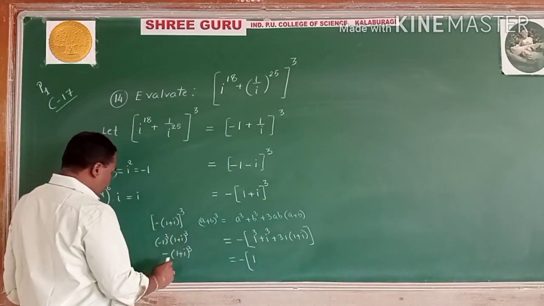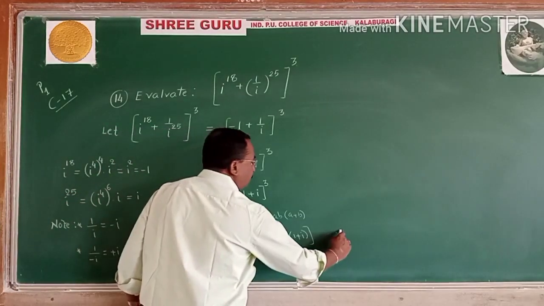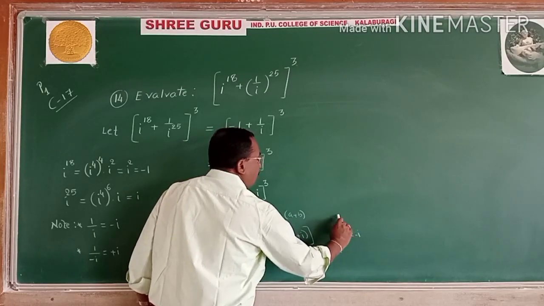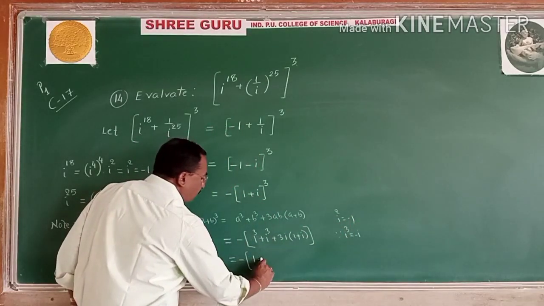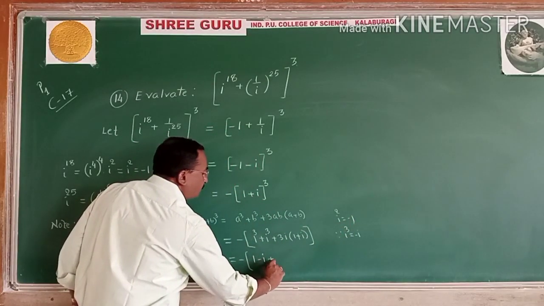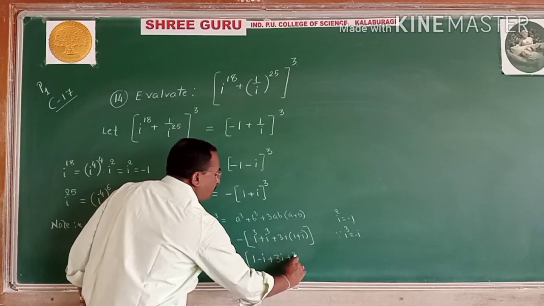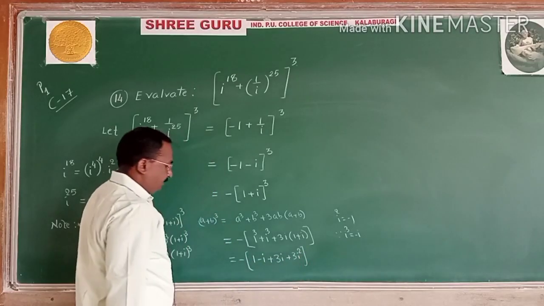Do you know what the value of i cube is? Because i cube is i square times i, and i square value is minus 1. So i cube is minus i. Plus 3i plus i into i, 3i square, and i square value is minus 1.